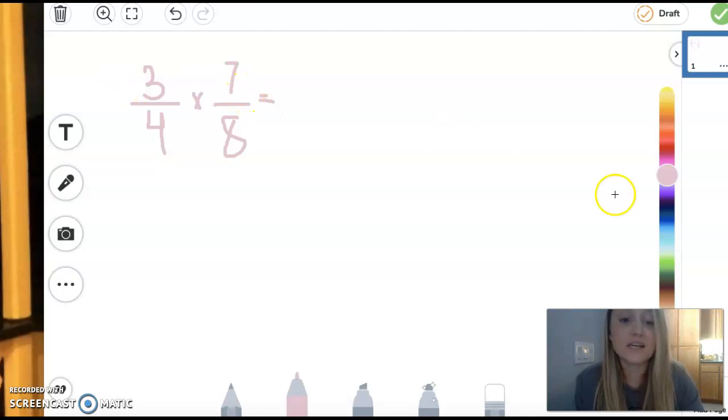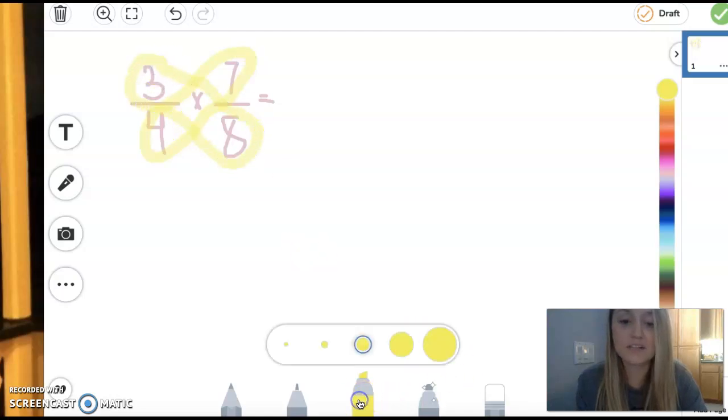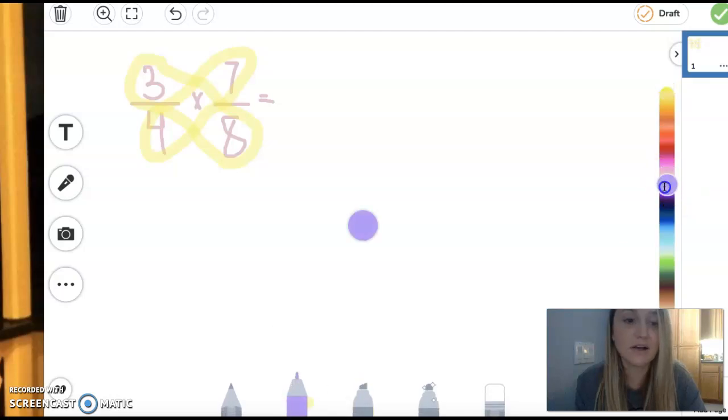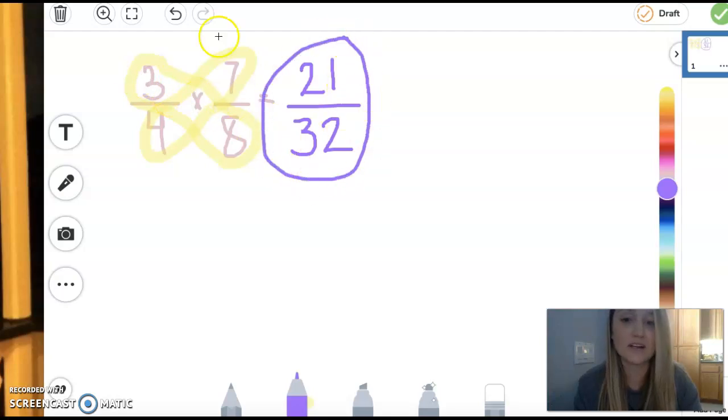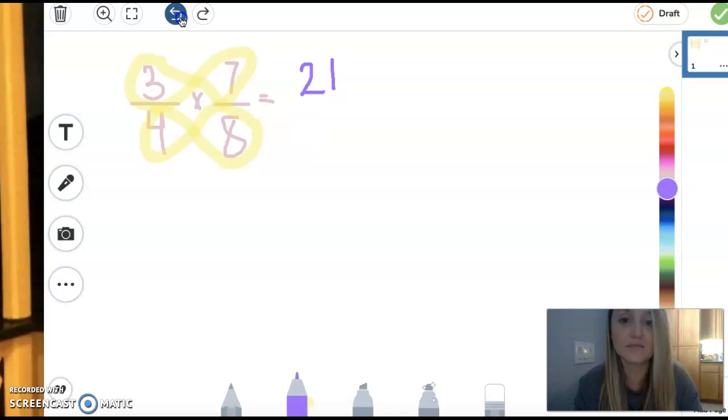So here, interestingly enough, when you look at the way these are, you will see that they don't have anything in common. So we actually can't simplify this at all. So your answer would be 21 over 32. Okay, and the cool thing about this is because there's nothing you can simplify here, this is going to be your final product. So that would be your answer there.